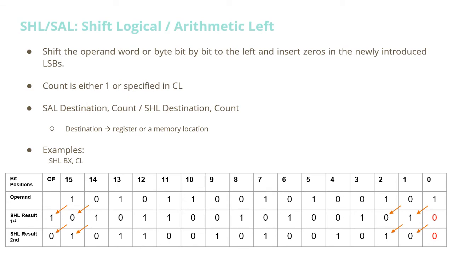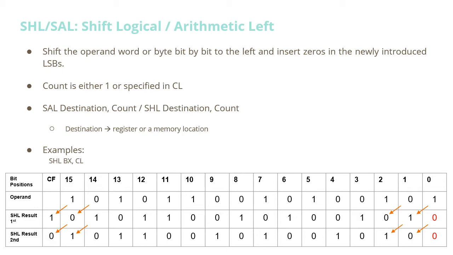Next is the shift logical or the shift arithmetic left instruction, which is given as SHL or SAL. This instruction shifts the operand word or byte in a bit-by-bit manner to the left, and it also inserts zeros in the newly introduced least significant bit positions. The count of this instruction is either given as 1, or it will be specified in the CL register.